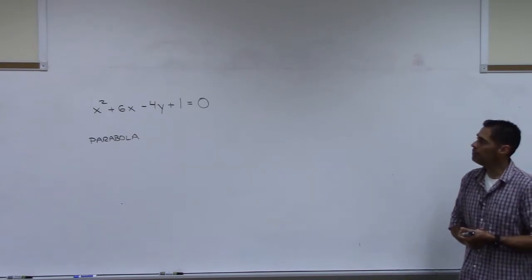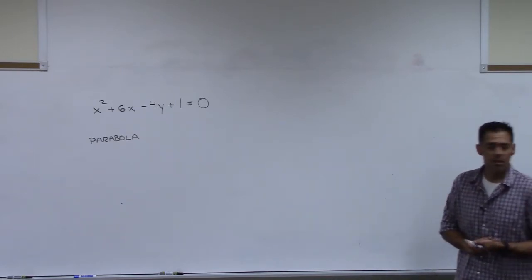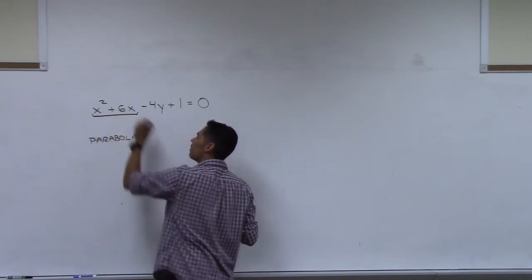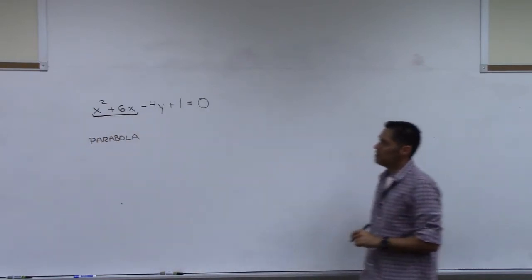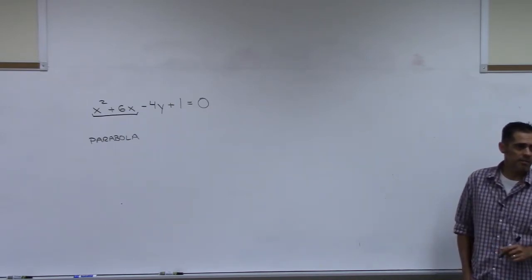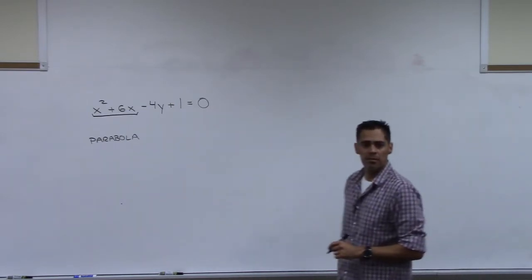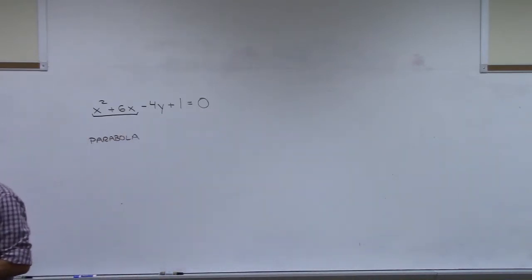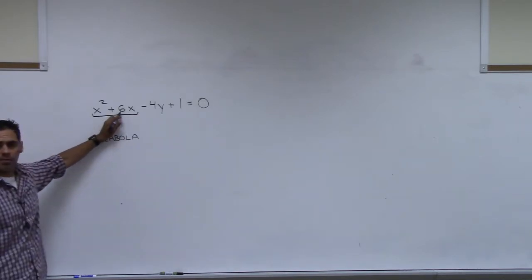What's my first step? Complete the square. So I've got to complete the square on this piece right here. That means I'm going to take half of 6, which is 3, and square it, which is 9.